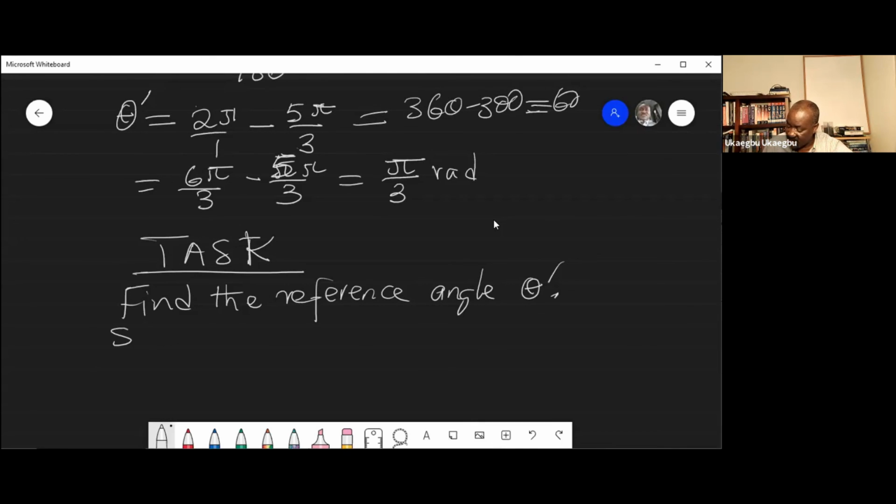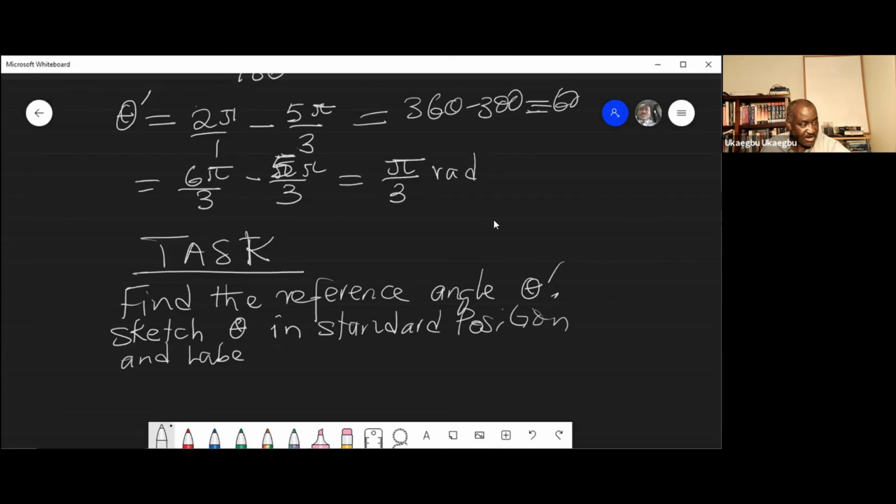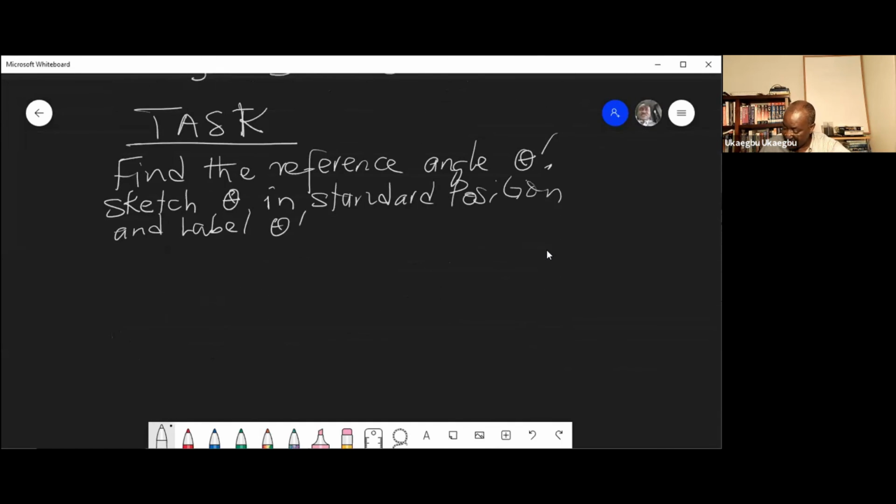Then sketch theta, which is the standard position angle. Sketch theta in standard position, and then label theta prime.